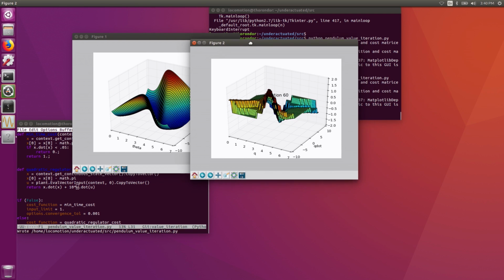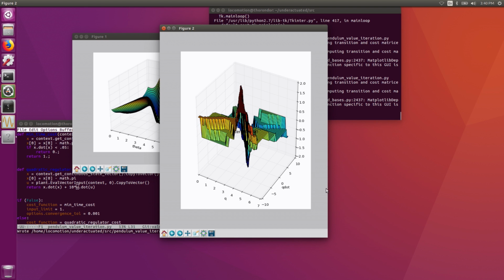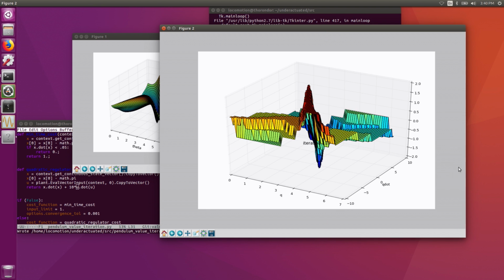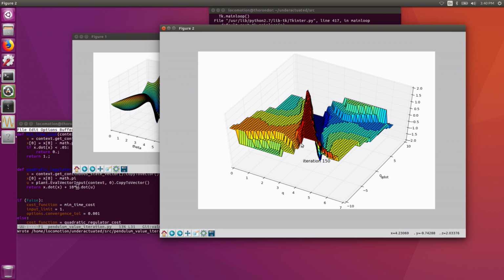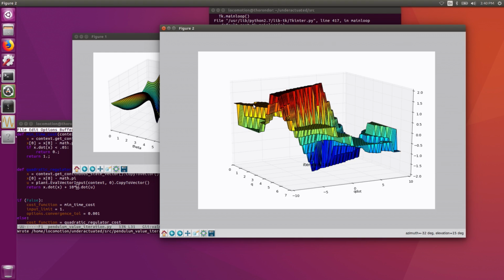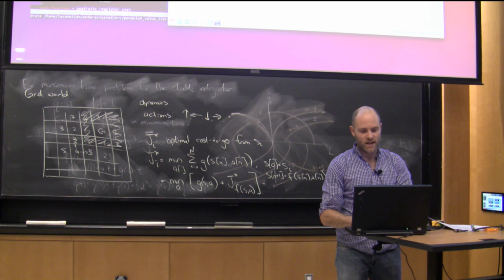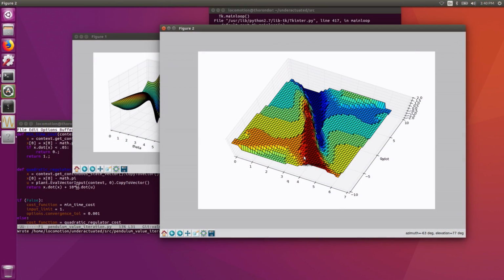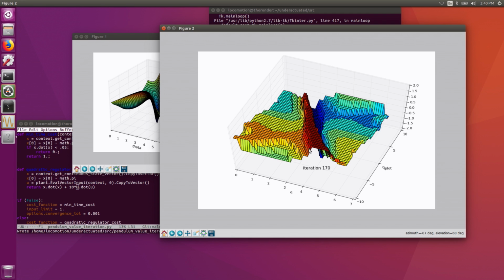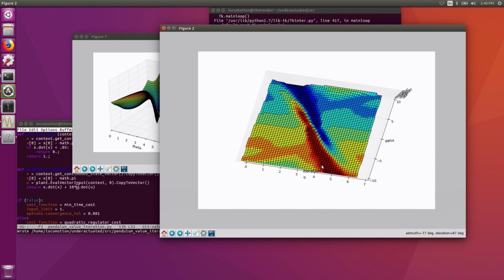That's better. Now it's also got the staircase thing going on because I've discretized action space. We'll work on getting rid of that. I'll show you how to get rid of that on Thursday. Okay. But man, I feel like this is totally non-trivial understanding of the nonlinear dynamics.